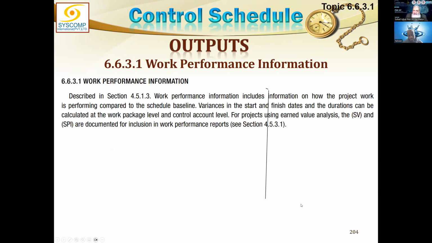Work performance information I have introduced you. This is the analyzed result of the work performance data coming from schedule. All such different work performance information from various knowledge areas, various controls, will be compiled later by integration in form of a work performance report.